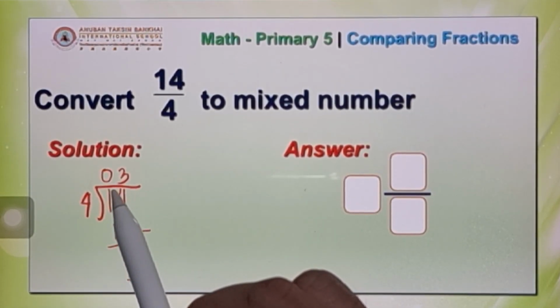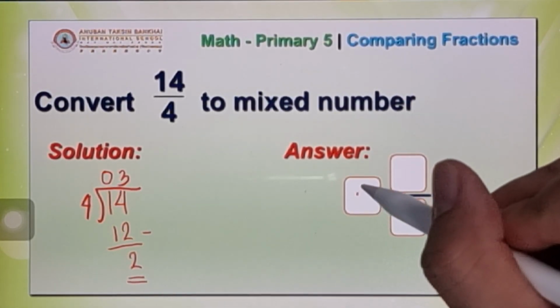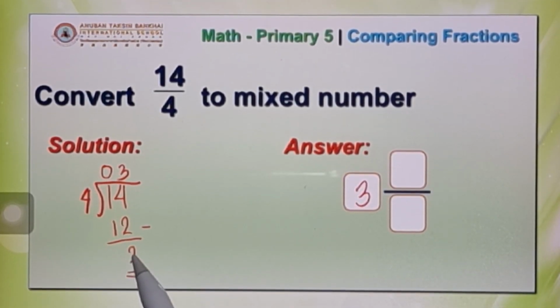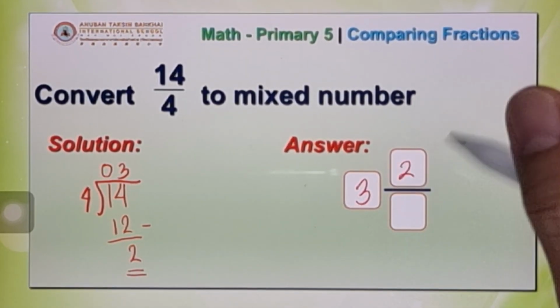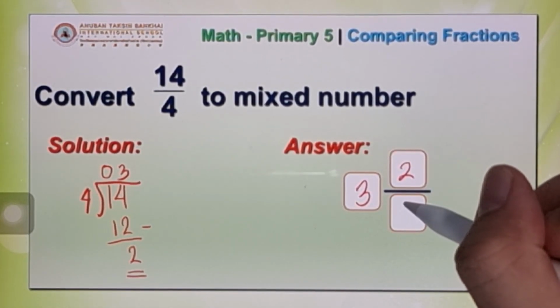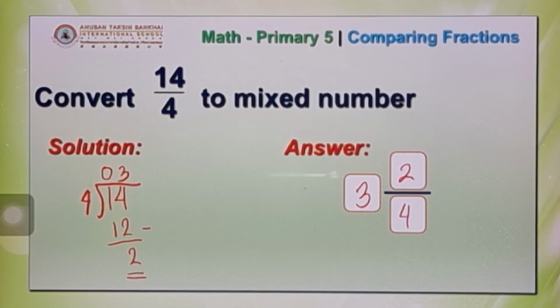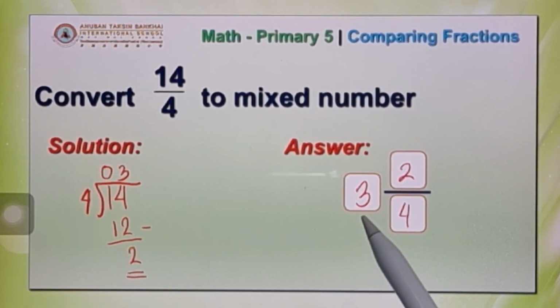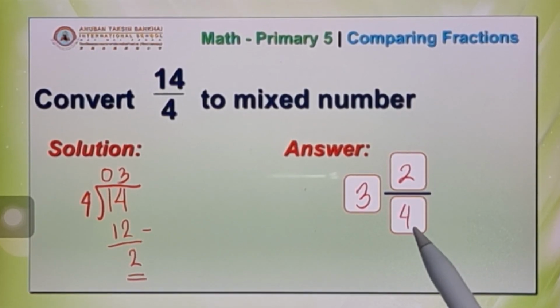So we just copy our quotient, which is 3, our remainder, which is 2, and then copy our denominator. Therefore, 14 over 4 is equal to 3 and 2 over 4.